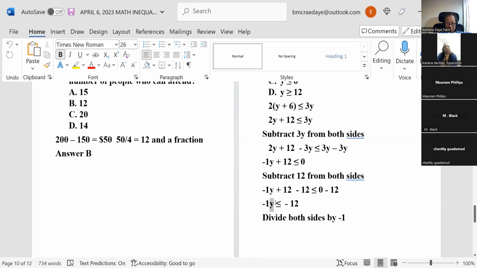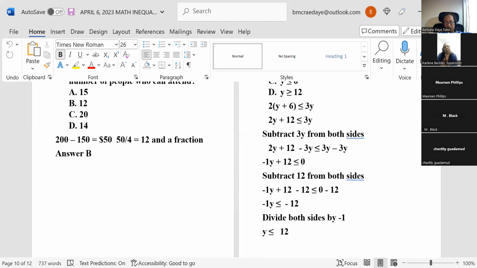So what do you get, Mercedes, when we do that? What we're going to get for the answer is y less than. So we get y. What's y less than or equal to what? 12 divided by negative 1 is 12.